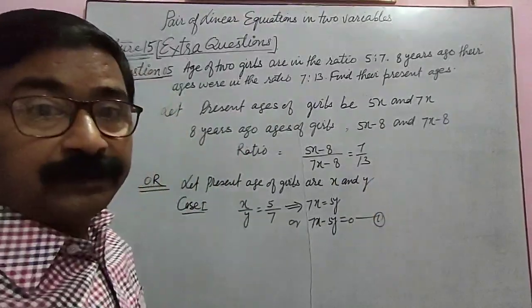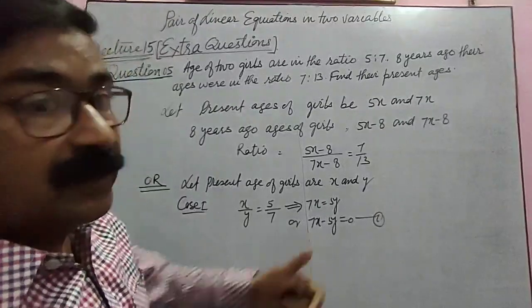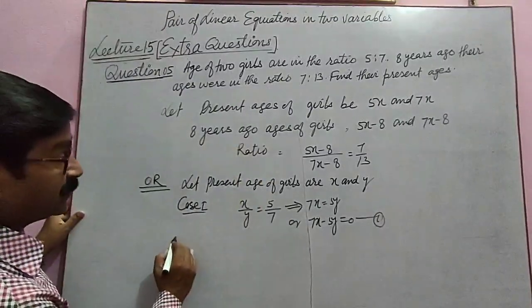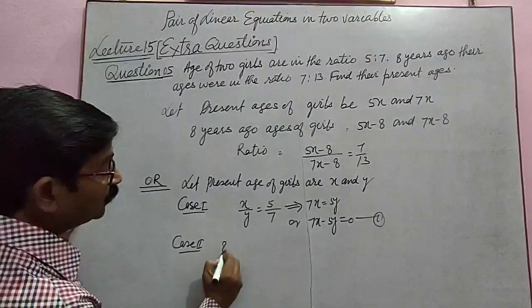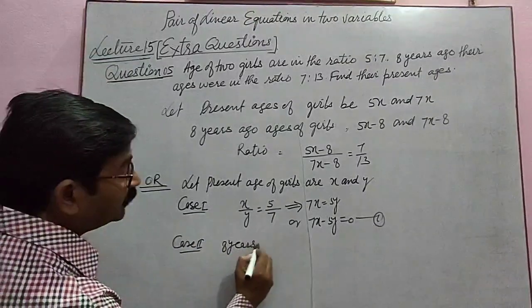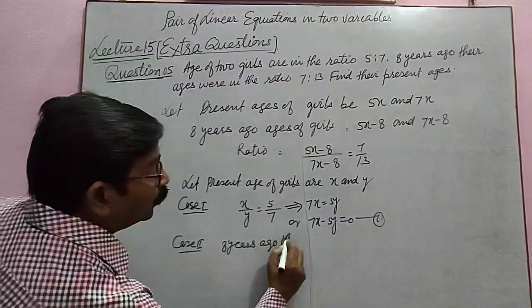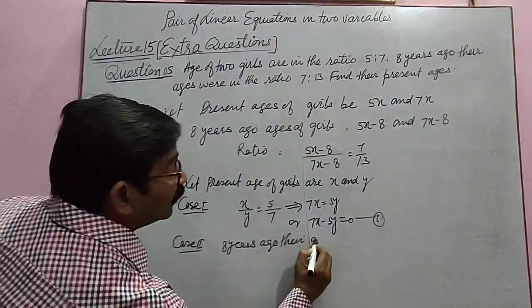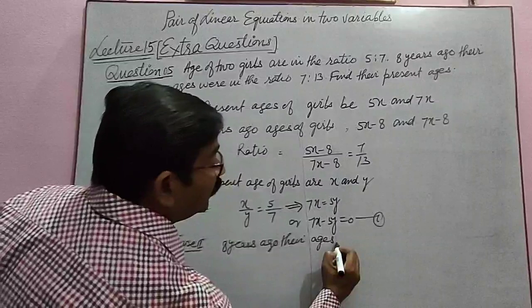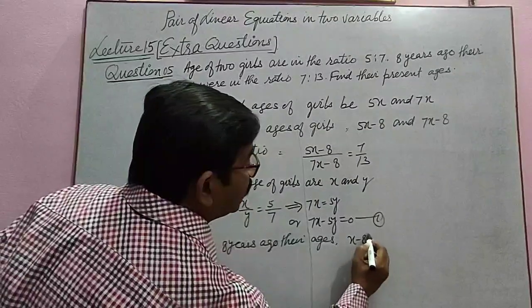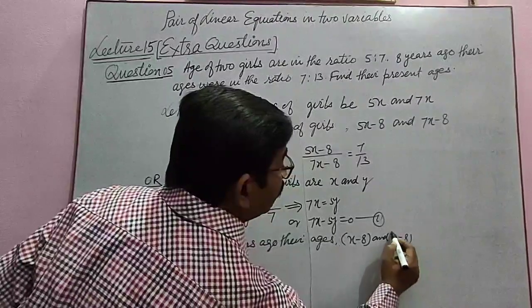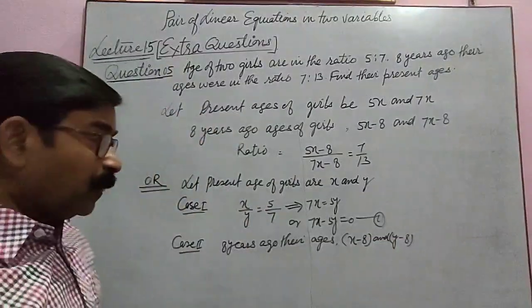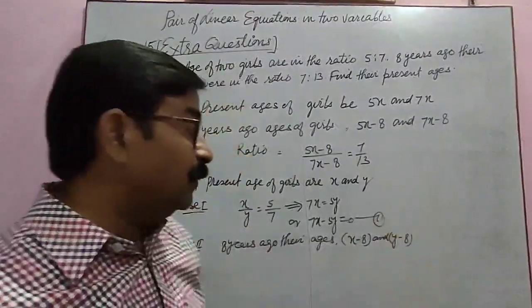First equation. Now 8 years ago, in second case, their ages will be x minus 8 and y minus 8.